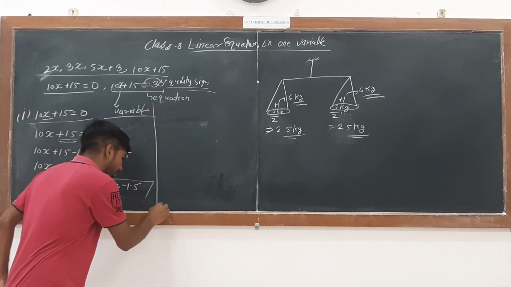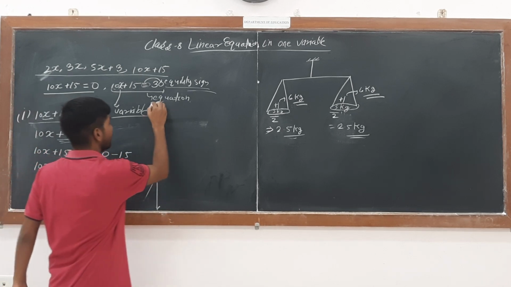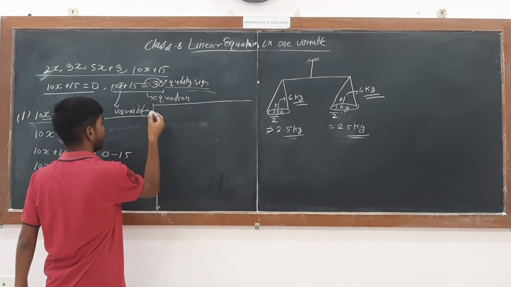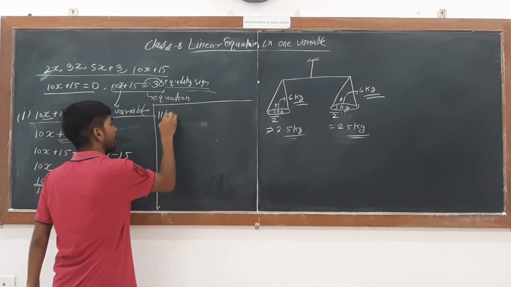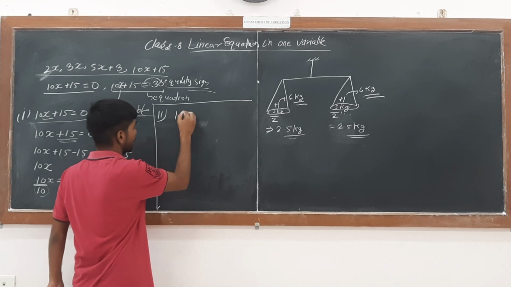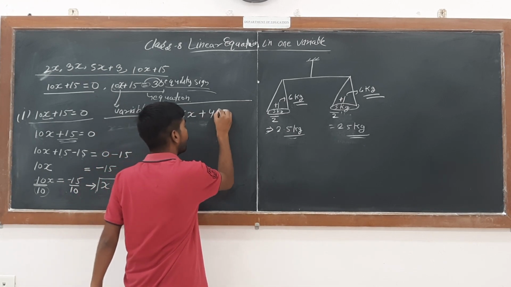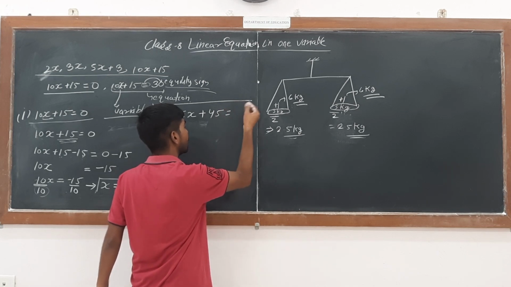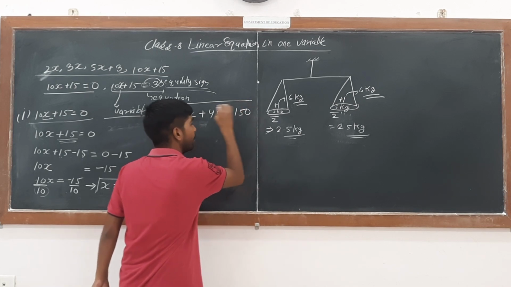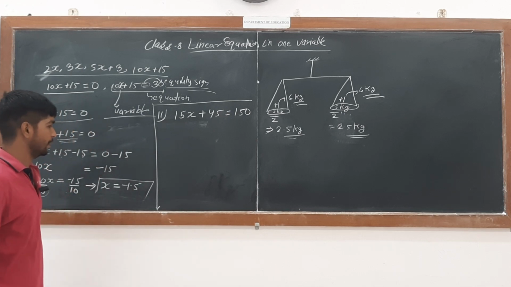Let me take one more example so that we can understand it better. This time I will take a tougher example: 15x plus 45 is equal to 150.